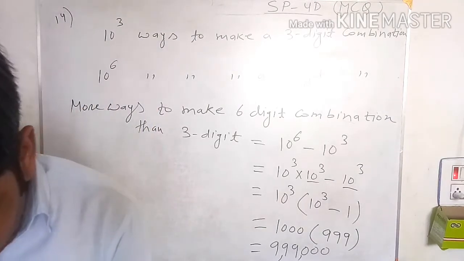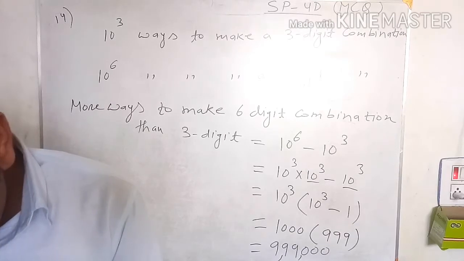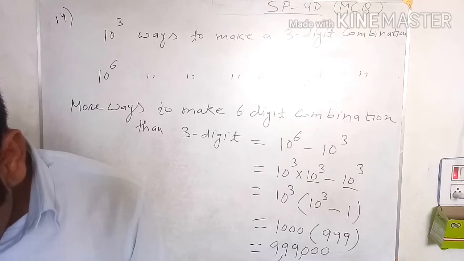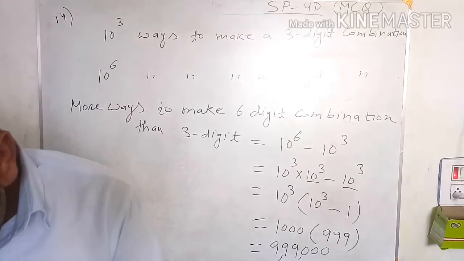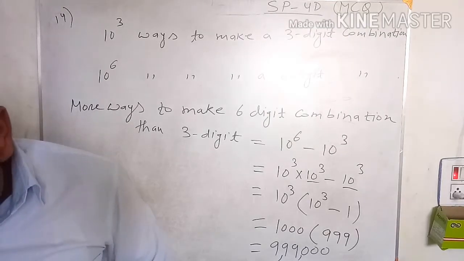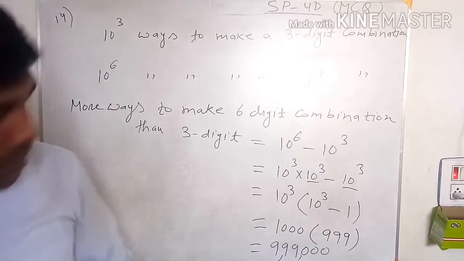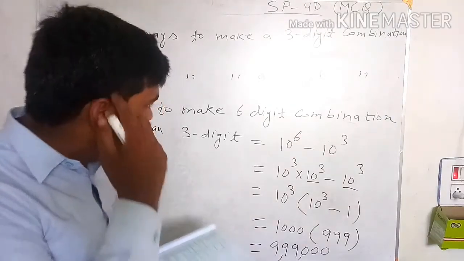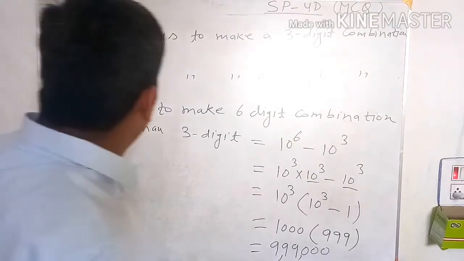Now we solve the question of the chapter test. So now, how many combinations are there more? Sorry, here the question is asking how many times, not how many ways.